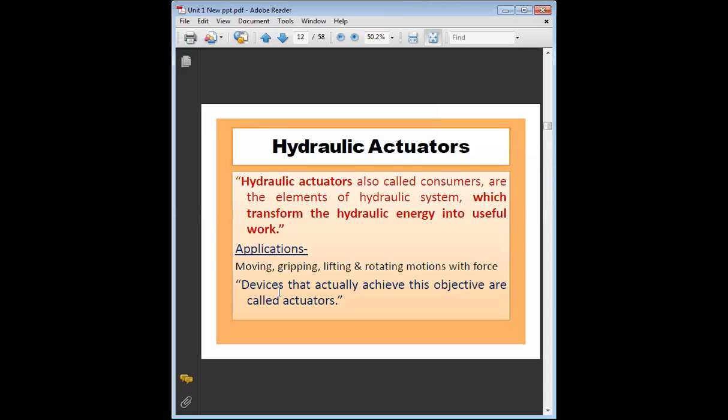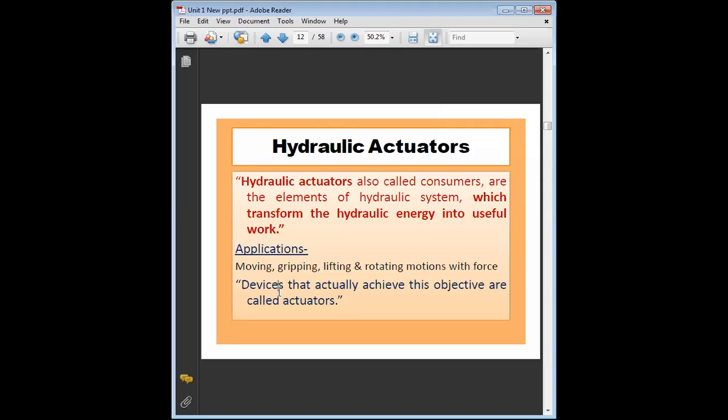Again, in simple words, devices that actuate this motion or this objective are called actuators. With the help of hydraulic energy, some useful or mechanical work can be done. That device is called a hydraulic actuator.